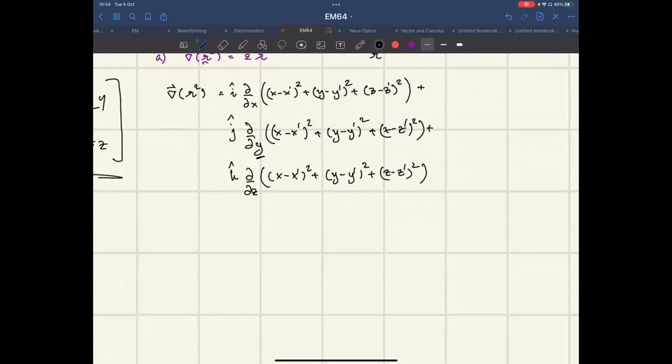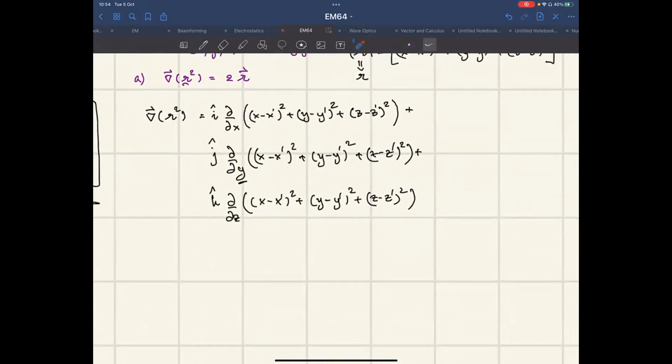Let me continue here, and what is the first term here, can you tell me? So in the first term here we get, let me show, let me write it down for you.